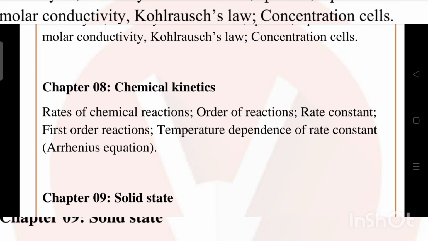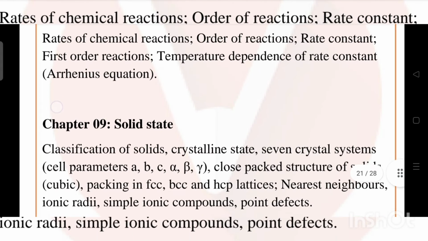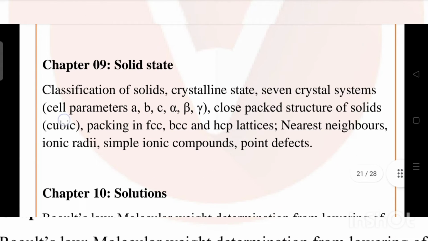In this chapter we learn a few points of rate of chemical reaction that are most important for questions. In chapter number 9, solid state: classification of solids, crystalline states, 7 crystal systems, cell parameters a, b, c, alpha, beta, gamma, close packed structure of solids, cubic, packing in FCC, BCC and SCP, lattice, nearest neighbors, ionic radii, simple ionic compounds, point defects.